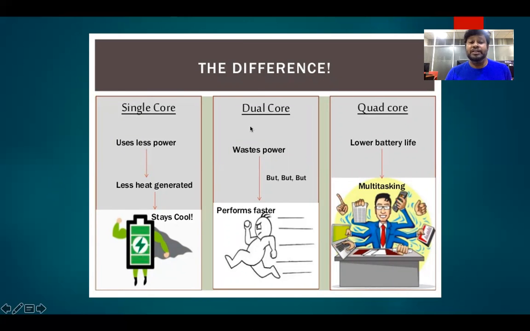Dual core means inside the processor you have 2 independent processing units, which can share the processing power. So then inside a single processor, single chip, you have 4 physical units, 4 physical ALUs, or 4 physical processors. Then you call it quad core.